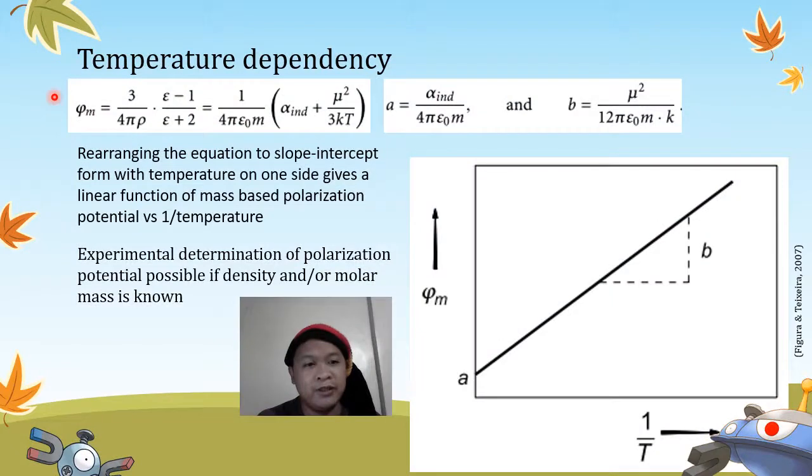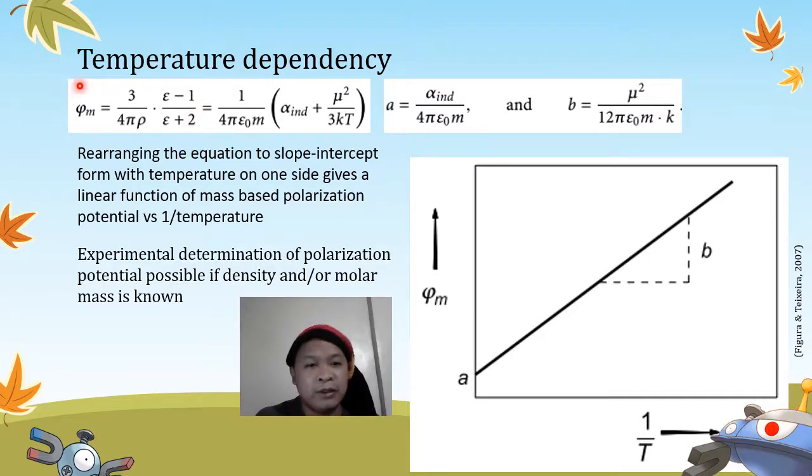One of the uses of the derivations we had in the previous slide is to lead up to being able to explore the temperature dependency of our mass-based polarization potential.